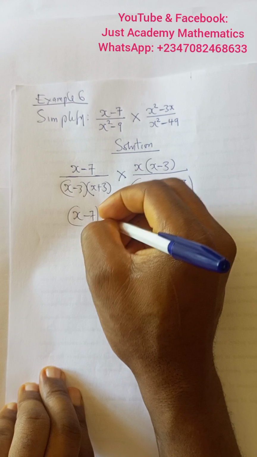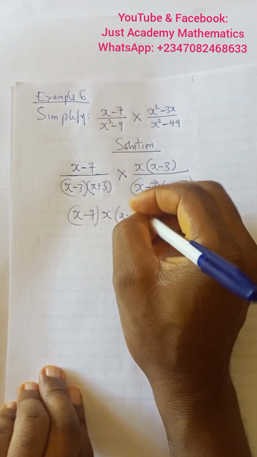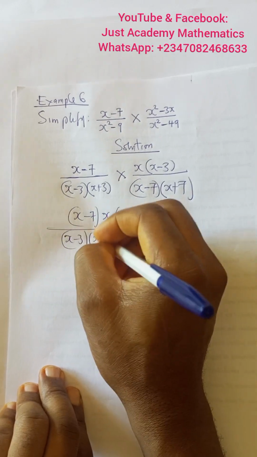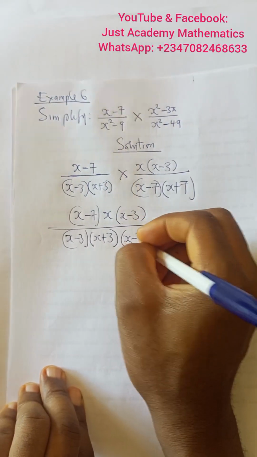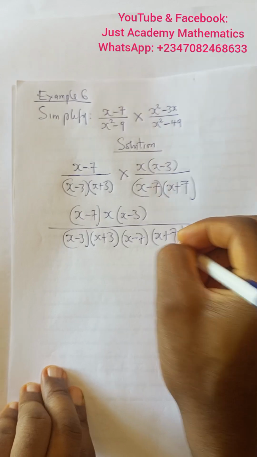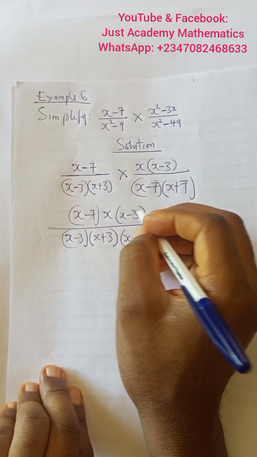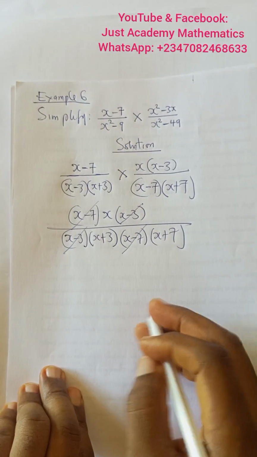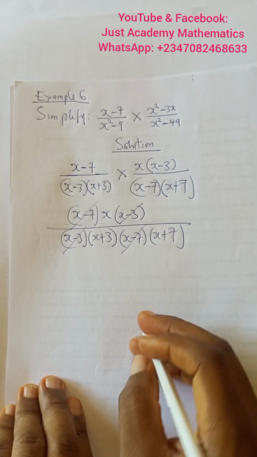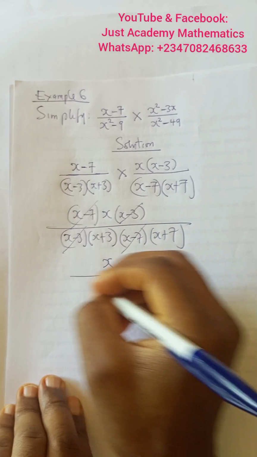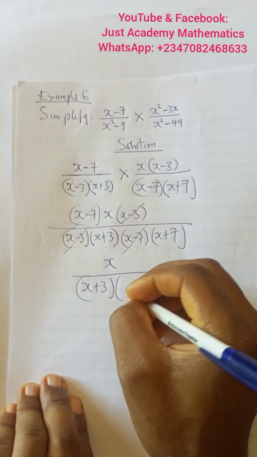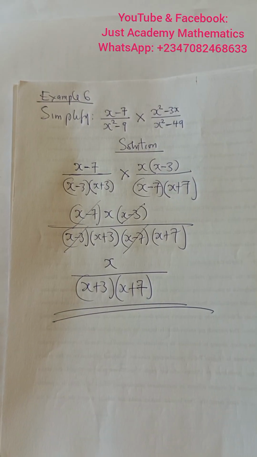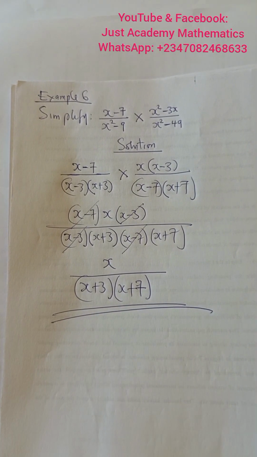You can even write the s in front. It can be anywhere. All over (s minus 3)(s plus 3)(s minus 7)(s plus 7). So we'll just cancel out. This will cancel this, and this will cancel this. There is nothing to cancel again. So we are left with s over (s plus 3)(s plus 7). We'll stop here. There's nothing to do again. So that is example 6.